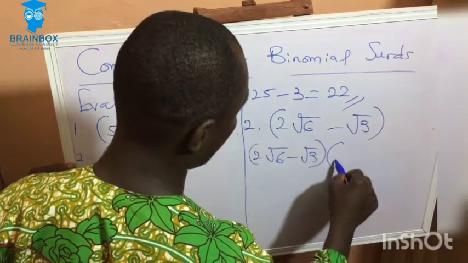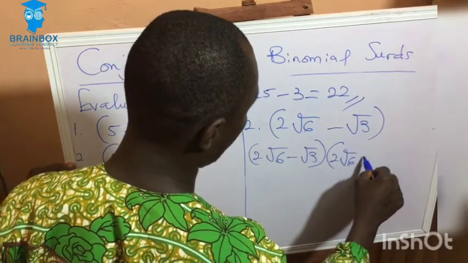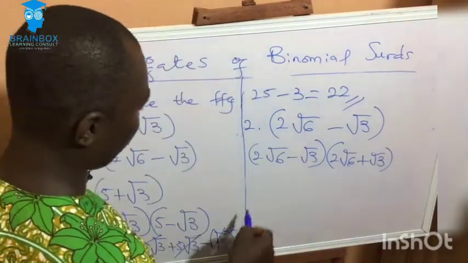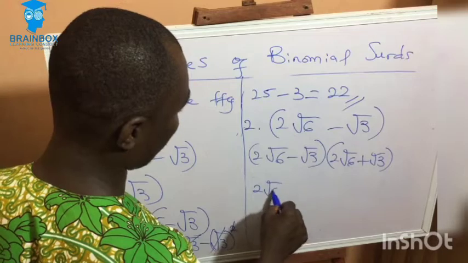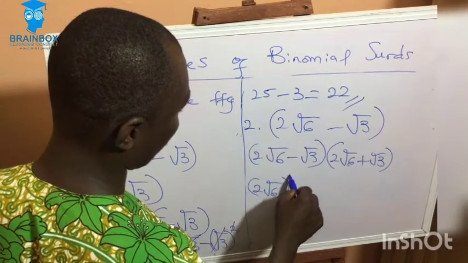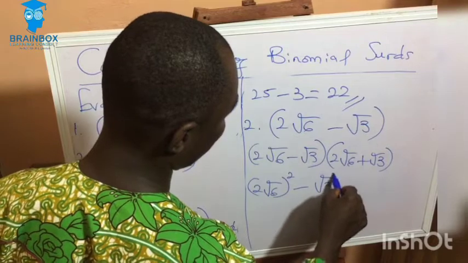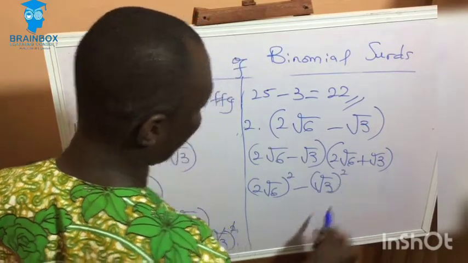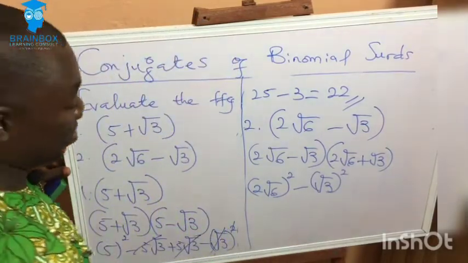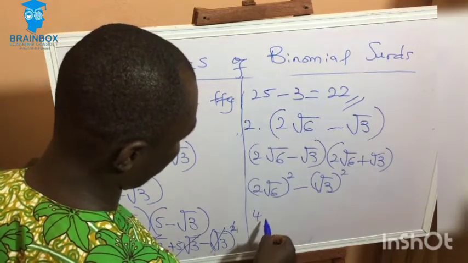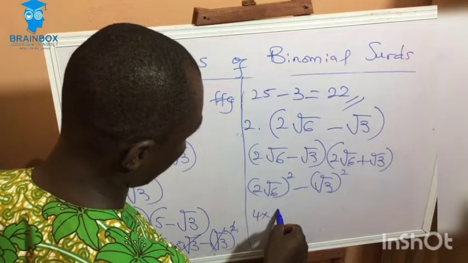So of course that will be what? 2 root 6 plus root 3. So I'll just take the conjugate if I were you. That will be 2 root 6 squared minus root 3 what? Squared. That's what I will do. So that will be 4 times what? 6.